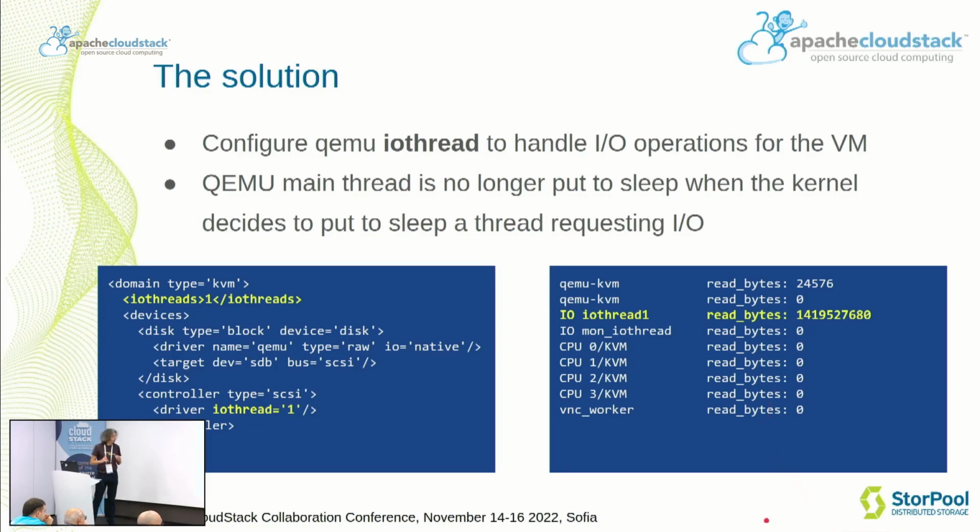And if the kernel decides to block I/O operations, it will block only this I/O thread, not affecting the main event loop. So as a result, the I/O operations in the virtual machine will block. That is completely okay, but the rest of the virtual machine will continue to work as expected.